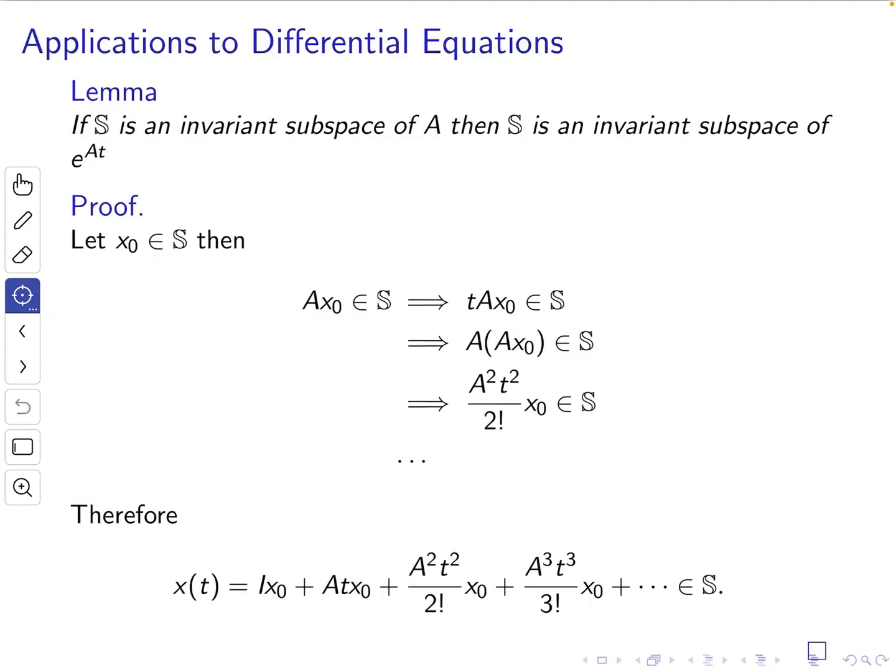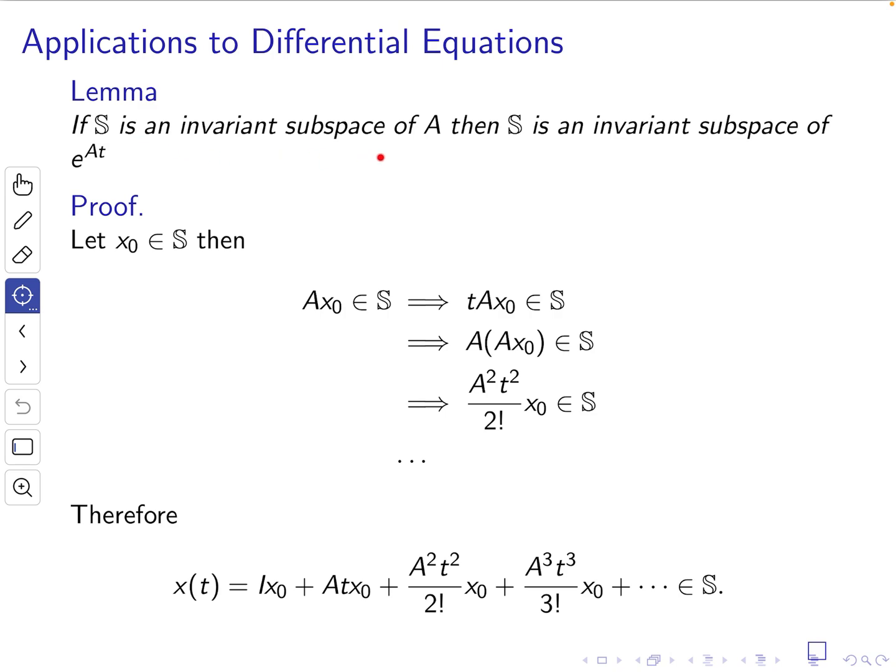All right, now let's understand a little bit of what the structure of the solutions will look like. So let's suppose that S is an invariant subspace of A. We've already seen that invariant subspaces, for example, the span of a set of eigenvectors, is an invariant subspace.